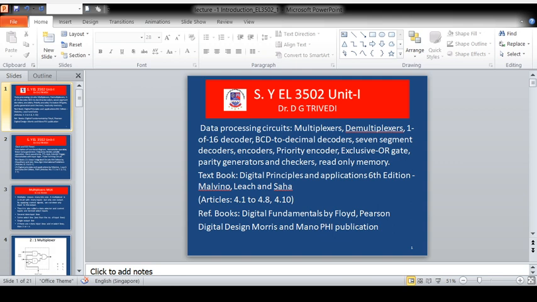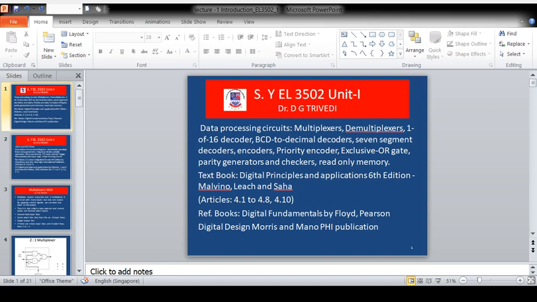Combinational logic circuits include the basic gates, universal gates, multiplexers, demultiplexers, decoders, 7-segment display, parity generators, checkers, etc., which you are going to study here. The sequential logic circuits you are going to start from next semester onwards. They contain flip-flops, counters, registers, etc.